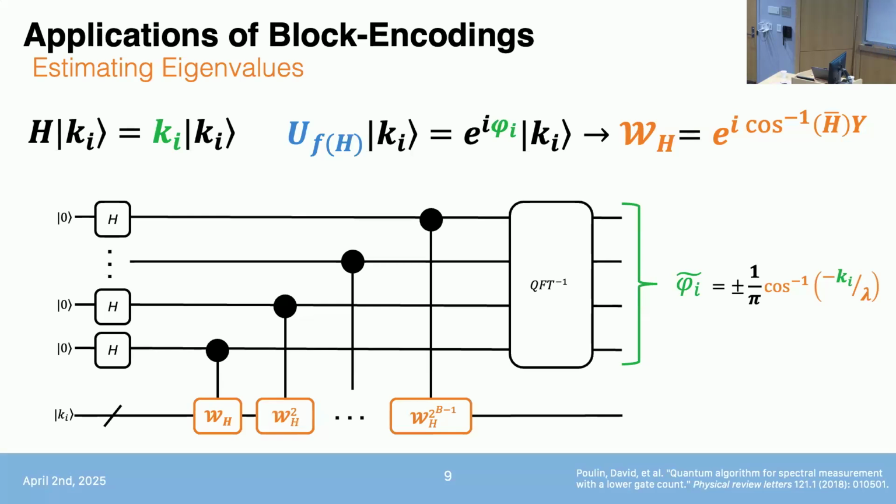That gives me some discretized number. And if I post-process that number, so I just multiply by pi, and I take cosine, and I multiply by the rescaling factor of my block encoding, then I'll output my ground state energy. Does that make sense? Cool.